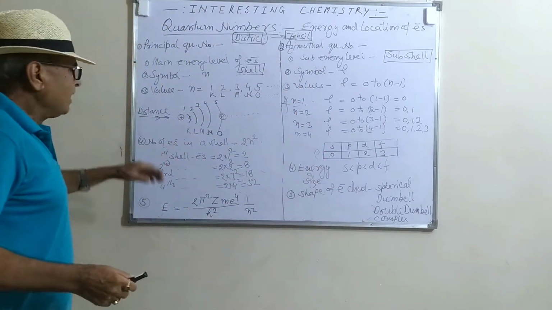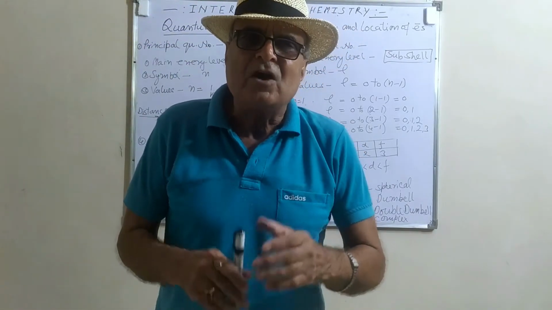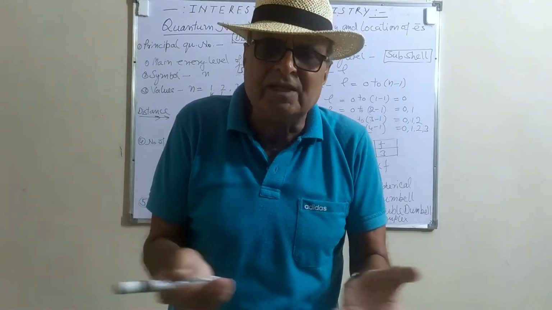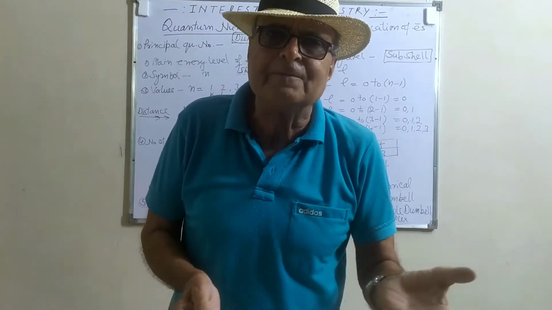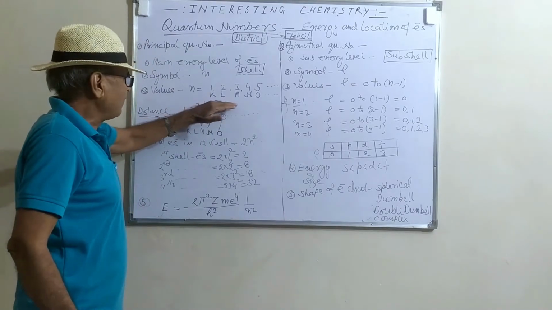Then how will you come to know how many electrons there are in one cell? There are so many cells: 1, 2, 3, 4, 5, 6.